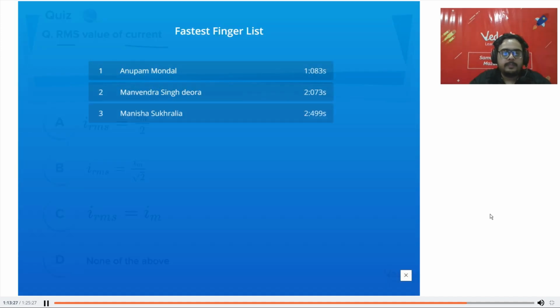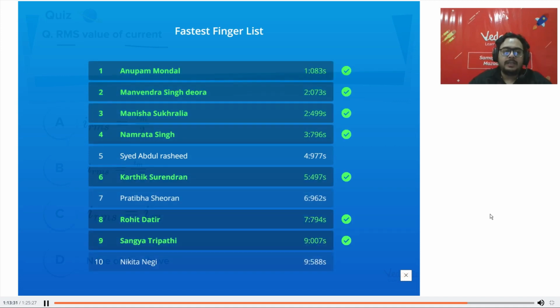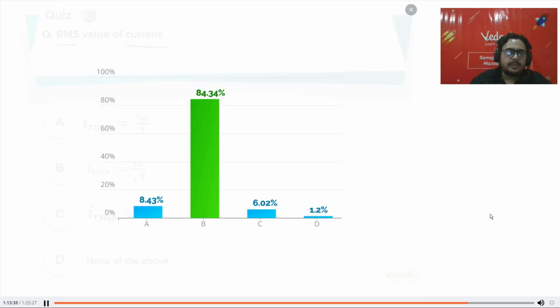Sherdil, Anish, Shivraj, Lakshya, Kishan, Jyoti, Asta, Naganathan, Krishna are correct. 84%. IRMS is Im by root 2. Any doubts in this? कोई दुख दर्द या समस्या?